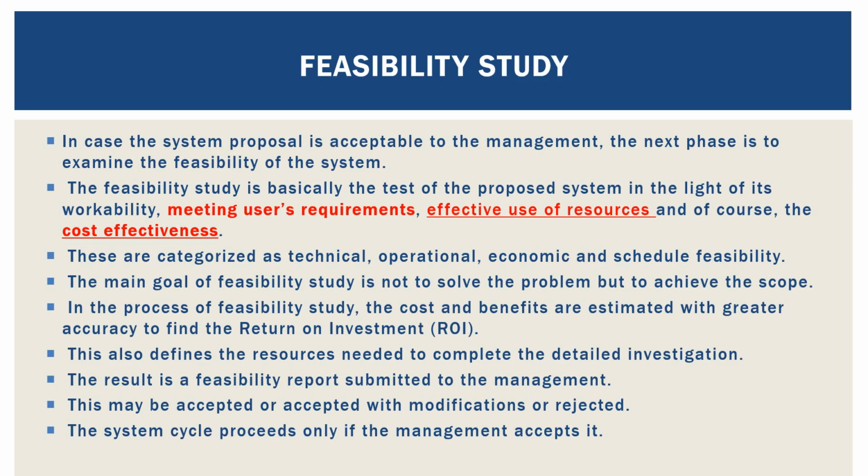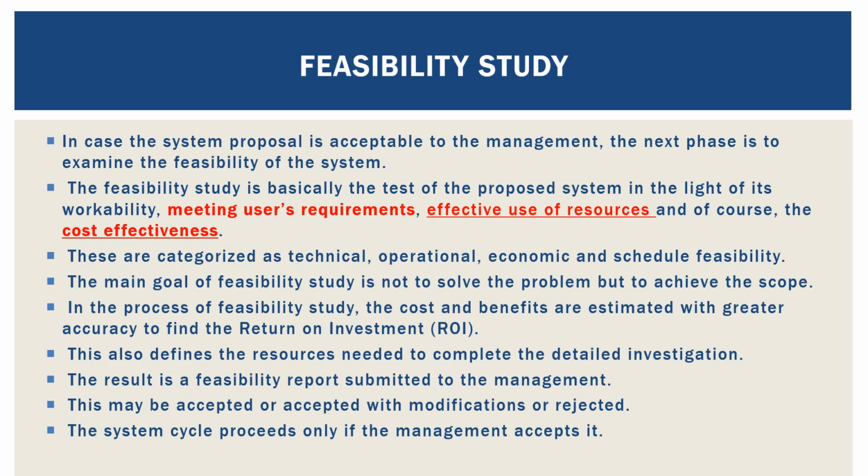After that, you go on to the next stage, which is what we call the feasibility study. In case the system proposal is acceptable to the management, the next phase is to examine the feasibility of the system. Feasibility is basically a test of the proposed system in light of its workability. We're looking at its workability.